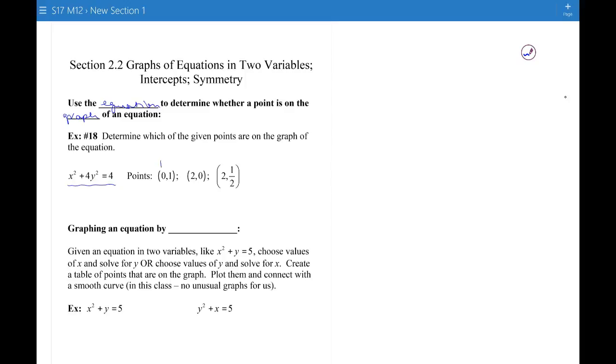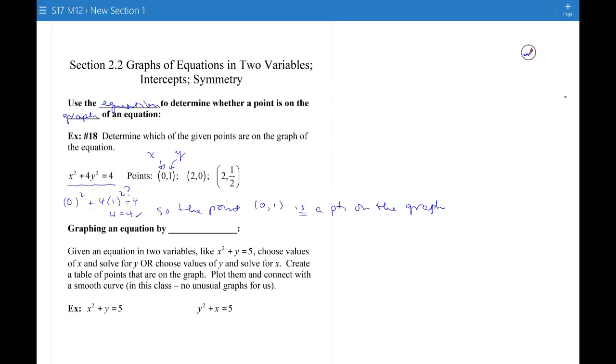But when we go to check and see if a point is on the graph, we say, well, let's plug in 0 for x and 1 for y. And we're asking, is this true? Sure enough, we get 4 equals 4. So the point 0, 1 is a point on the graph. So it's important that you know what you're testing for and what your conclusion is.